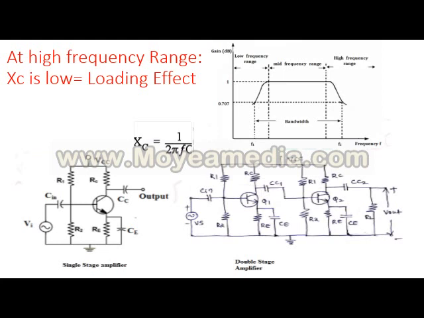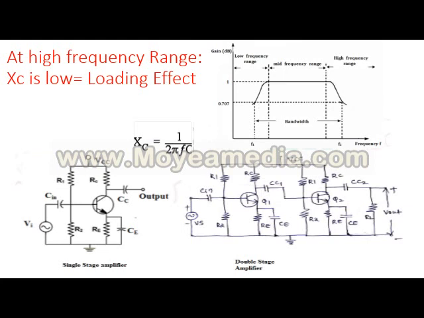In this single stage amplifier, when the reactance of Cin decreases, high load will move to the transistor. In the case of a double stage amplifier, when the reactance of CC1 decreases, it acts as a short circuit and causes an increase in loading of the second stage. When the loading of the second stage increases, gain decreases.